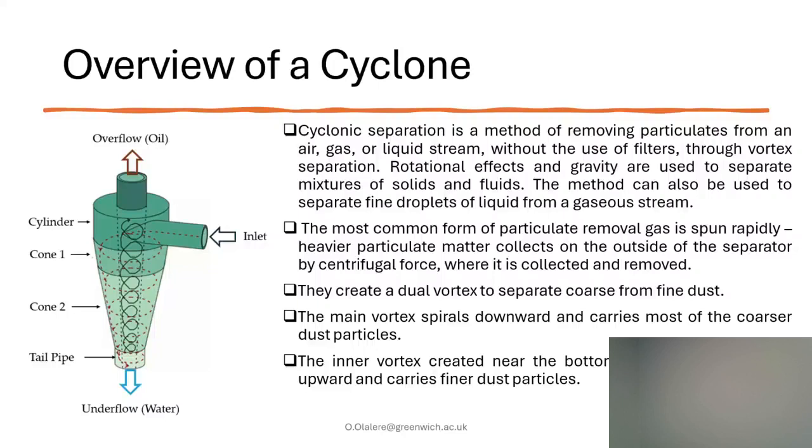So the one that is heavier will be collected and removed from, it depends, the denser one. You know, oil and water, between oil and water, which one is denser? Water, right? So the heavier one will be collected at the underflow, while the lesser one will be collected up.